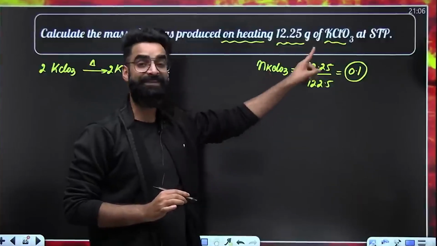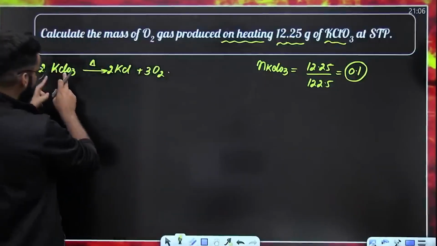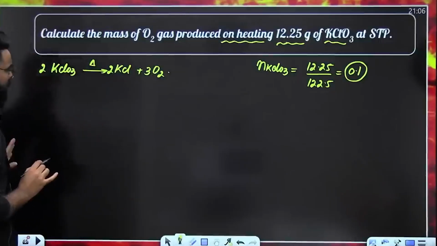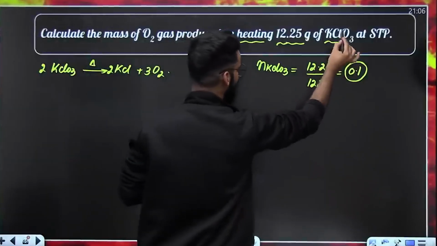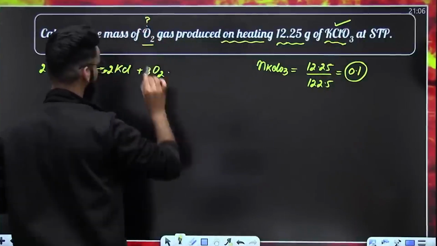We have already converted the given quantity into mole. Now, since we have 1 reactant and 2 products, you'll be writing one statement. KClO3 is the one whose data is given, and oxygen is the one whose data is to be calculated.